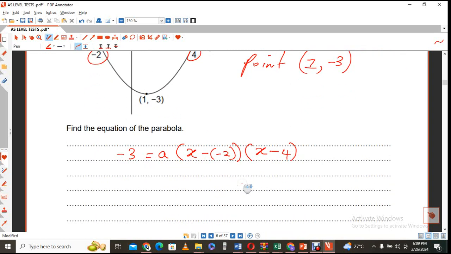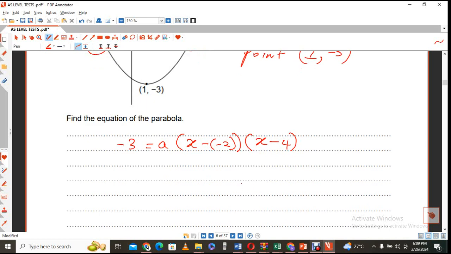Now if we were to clean this up, this is going to give me negative 3 equals a, here you're going to have x plus 2, here you're going to have x minus 4. So perhaps here is where the point 1 comma negative 3 comes in handy. So x and y. Basically, I substitute the values of that point. Let me just take it off so it's not confusing.